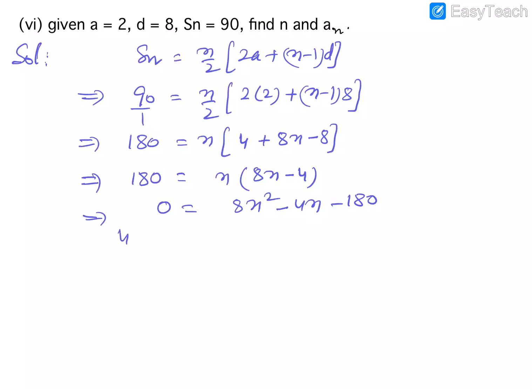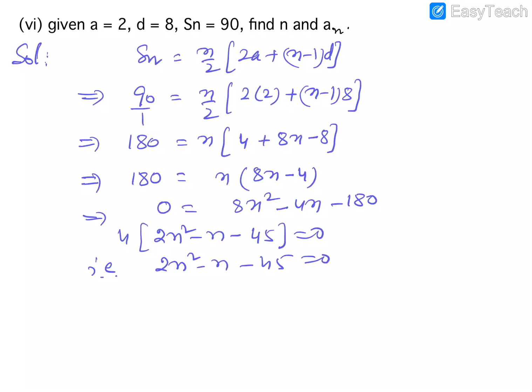This can be further simplified by taking 4 as common. So 2n square minus n minus 45 is equal to 0.